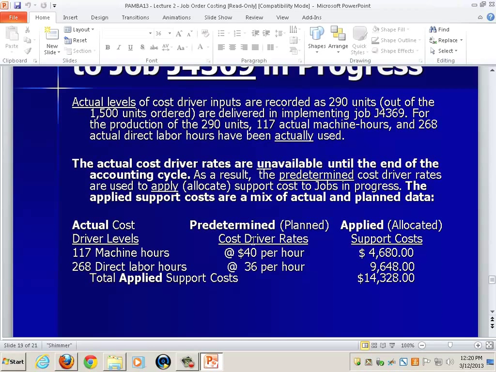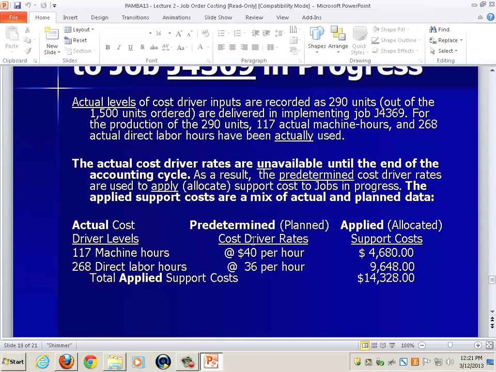We will know it only at the end of the period. So for the 40, we can't have the actual numbers. So we have to use an estimated number.